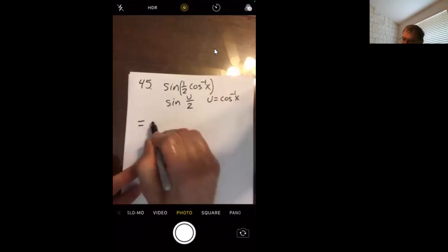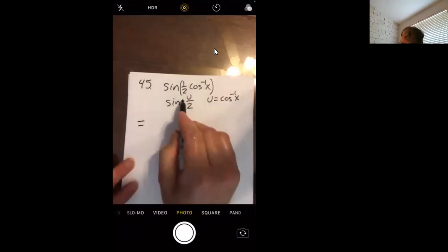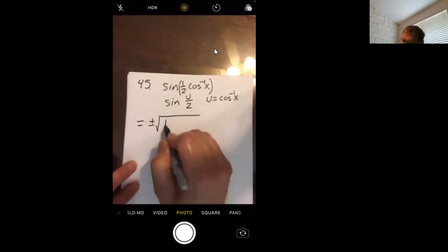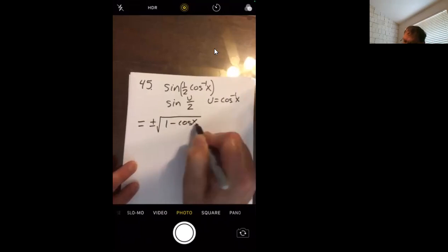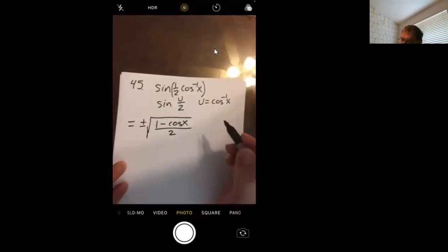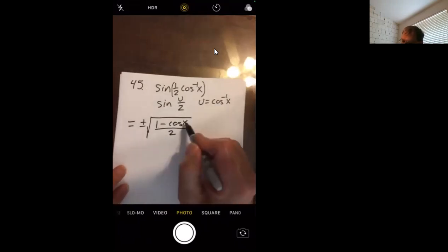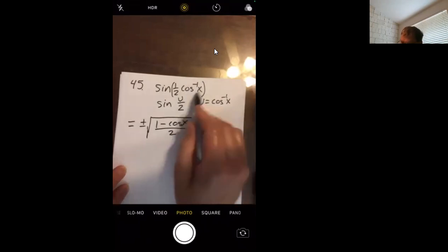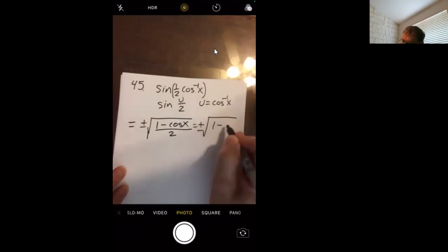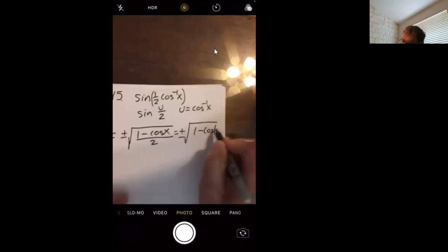So that's going to go, sine of u over 2 is going to go plus or minus big square root 1 minus cosine of x all over 2. All right, and the u, yeah, is like this. So that's going to go plus or minus big square root 1 minus a cosine of arc cosine x.